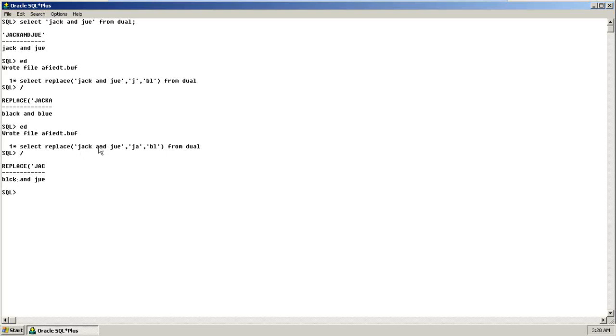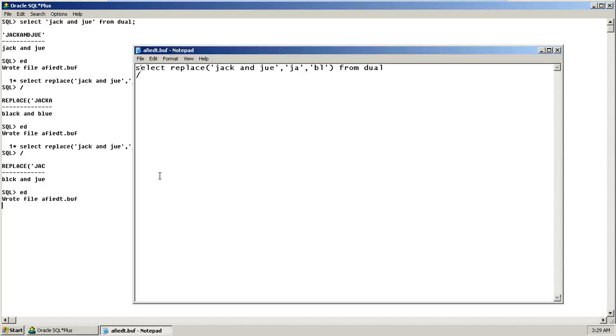Here A is not replaced. Got it? Understand? Means wherever the string JA found, that gets replaced with BL. So string to string replacement is what done by the replace function.